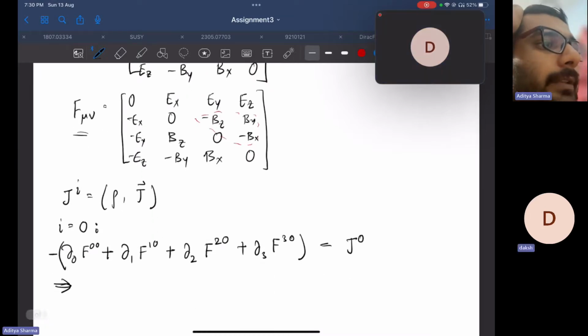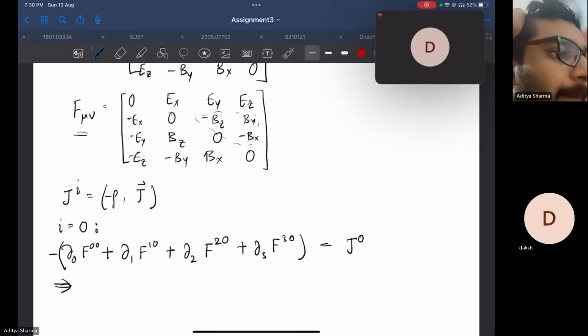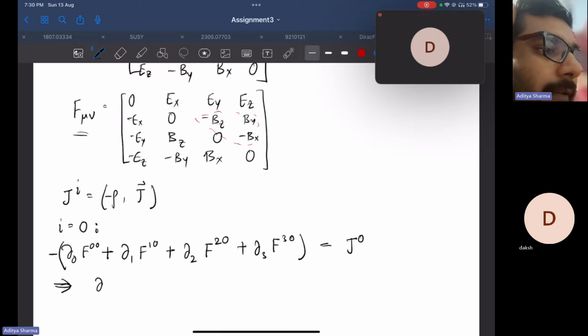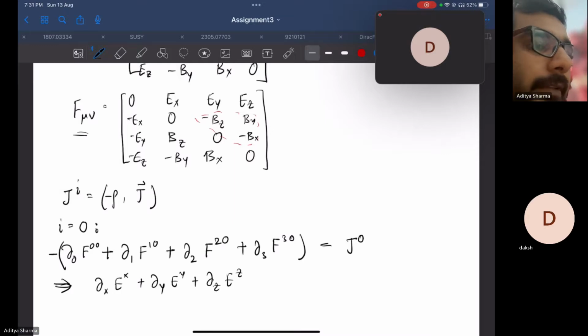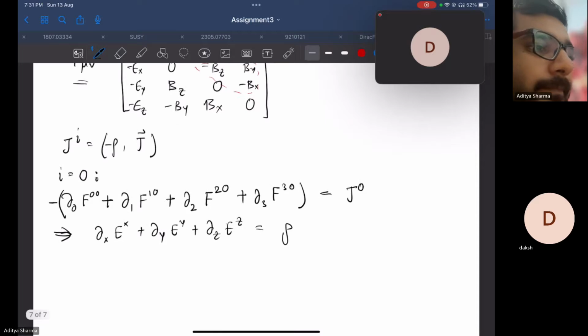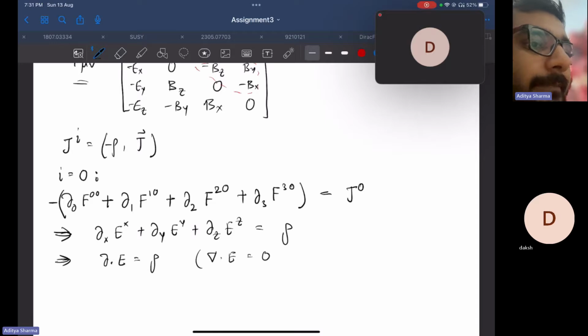So I think there should be this minus sign. Okay, this minus sign and this minus sign will cancel. So this is dx Ex plus dy Ey plus dz Ez is equal to rho. So this is nothing but divergence of E is equal to rho. That is del dot E is equal to rho.